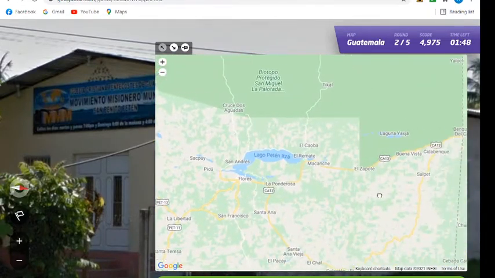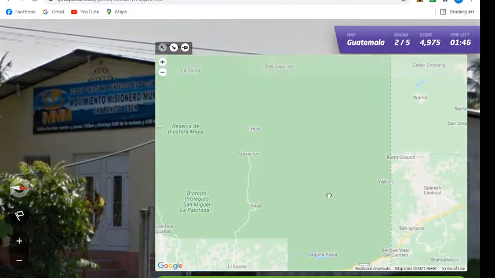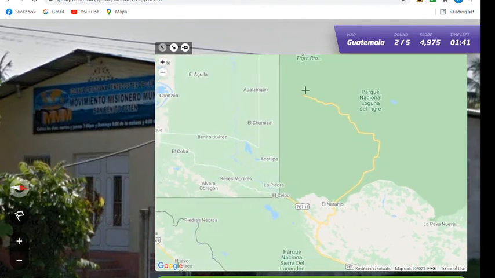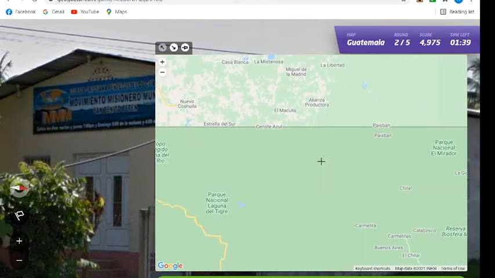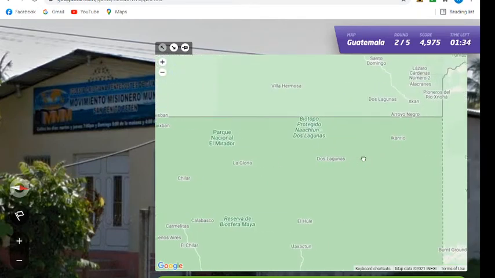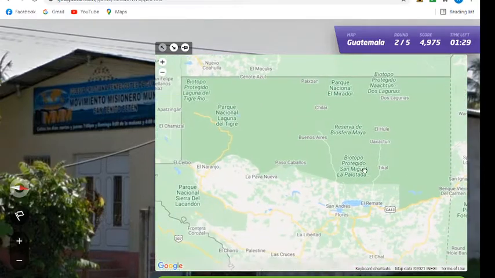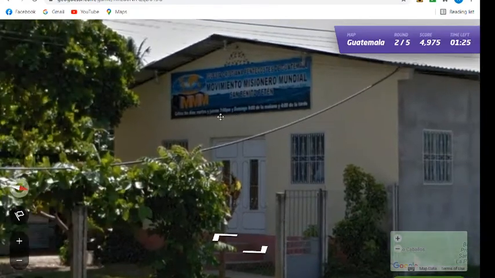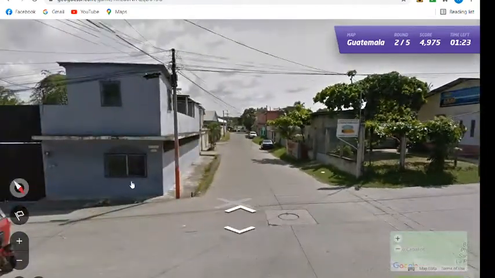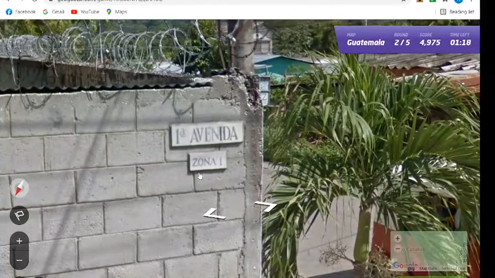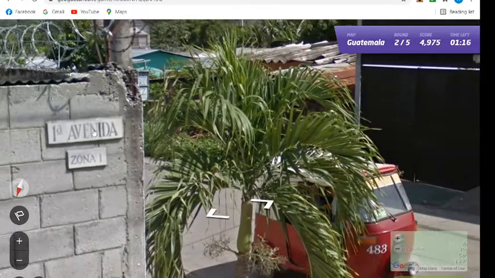Yeah, you'll also notice the northern part of Benito is a large national park, Reserva de Biosfera Maya. And let's see. So we have San Benito Petén. Okay, we have Zona 1, which might indicate someplace larger, actually.